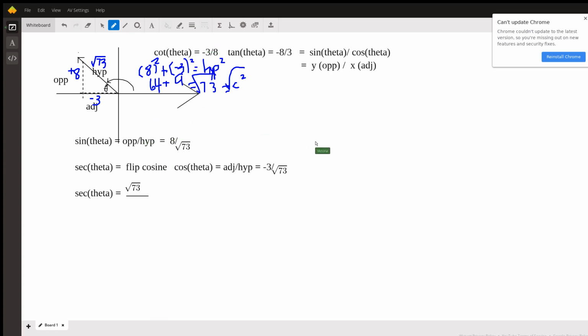So we're just going to flip this. It's going to be the square root of 73 over negative 3. And those are your exact answers.